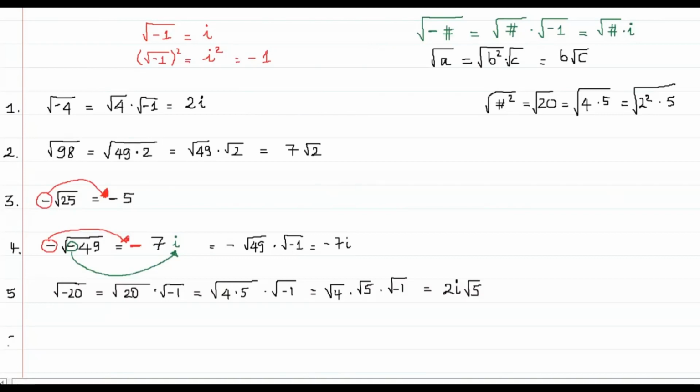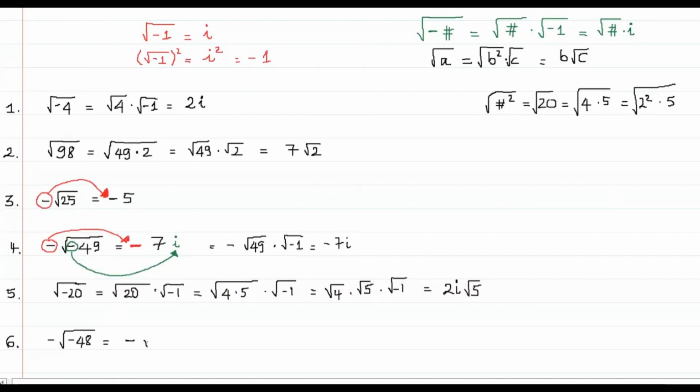All right, number 6. Negative square root of -48. Now think about breaking it down. In my mind, I know that we have the negative outside, so I keep it and rewrite it.